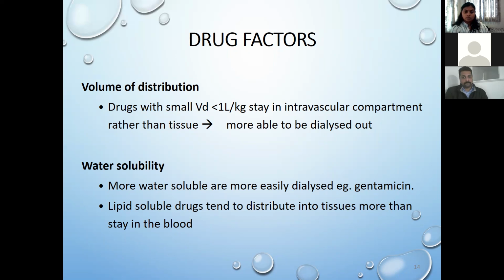And this is in contrast to continuous renal replacement therapy, where drugs with a high volume of distribution will be more effectively removed because of the equilibrium between the plasma and tissue levels, which are constantly changing because you're dialyzing full time.